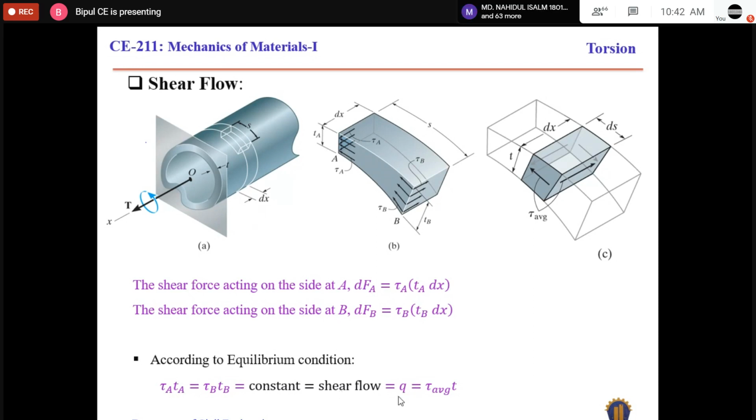It is known as shear flow because it is similar to water flow. In case of water flow, according to Bernoulli's equation, we know at any section total flow will be constant. If the section is narrow, velocity will be high, and if the section is larger, velocity will be smaller.